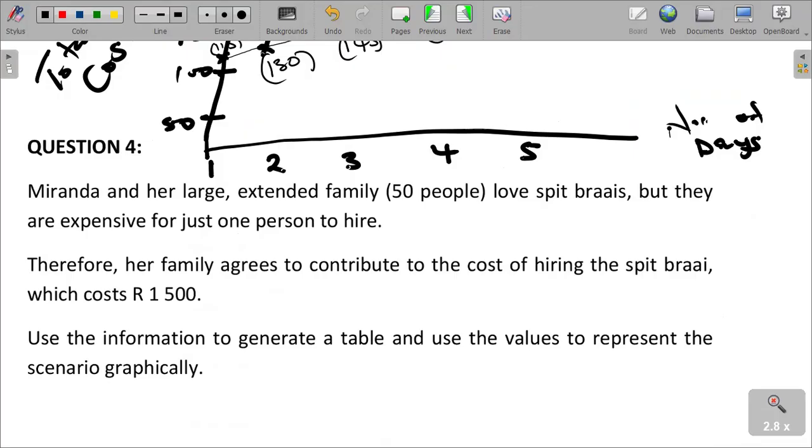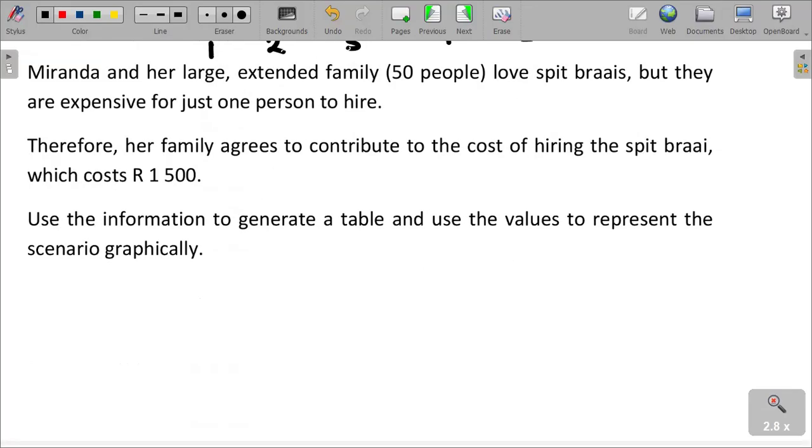We use the information to generate a table and use the values to represent the scenario graphically. So we are supposed to generate a table again. Our table must be drawn.